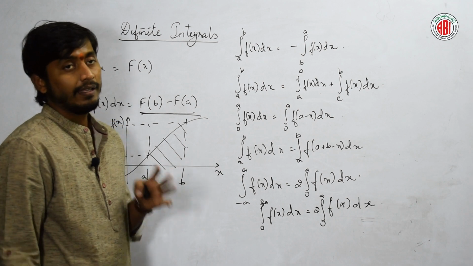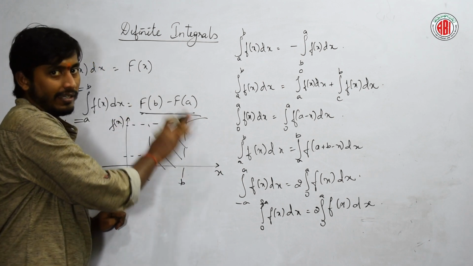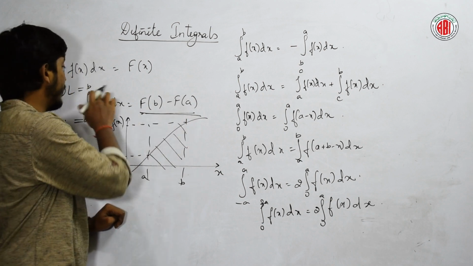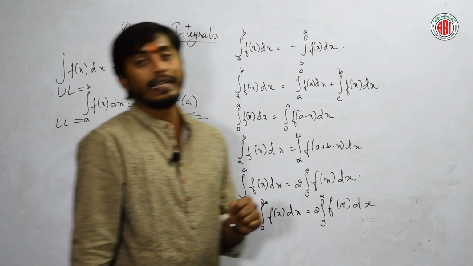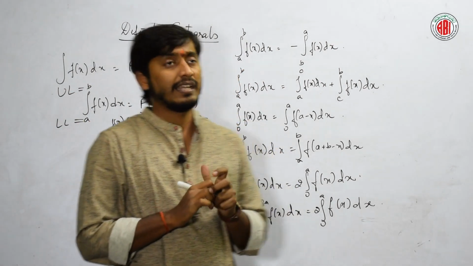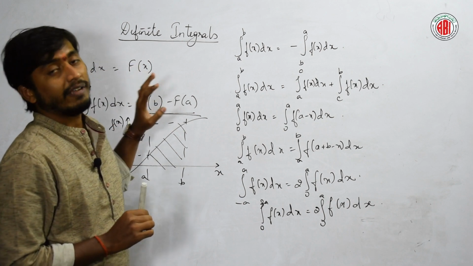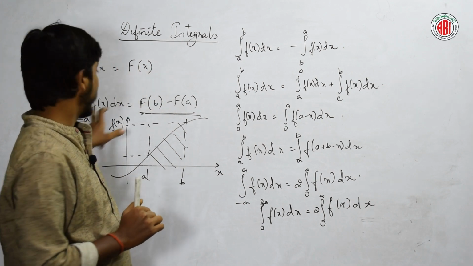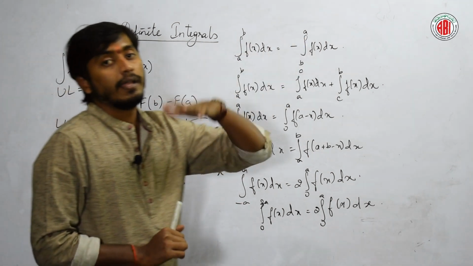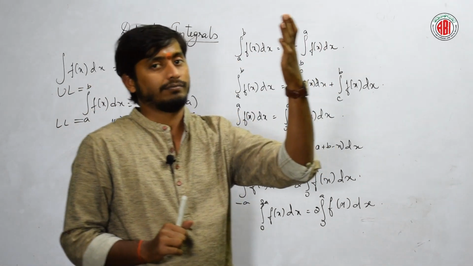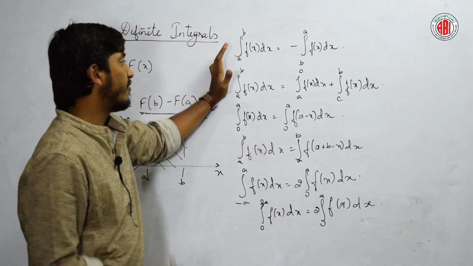Simply first integrate it, you will get something. First substitute b, then substitute a and subtract. That's it. Clear? Did you understand? This is how we are going to find the integration, or we can call it the particular integral at this limit. It goes from lower limit to upper limit. Clear? Fine.